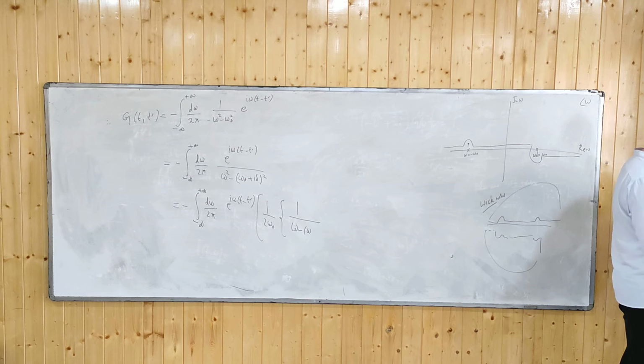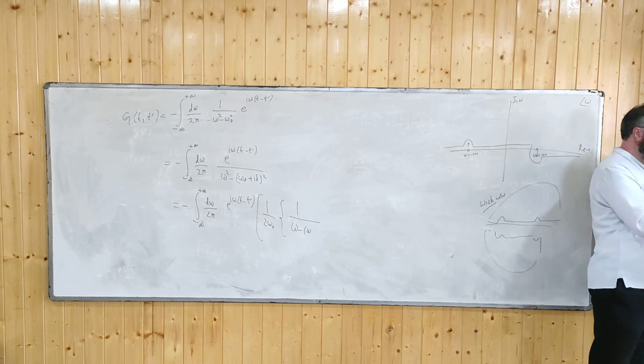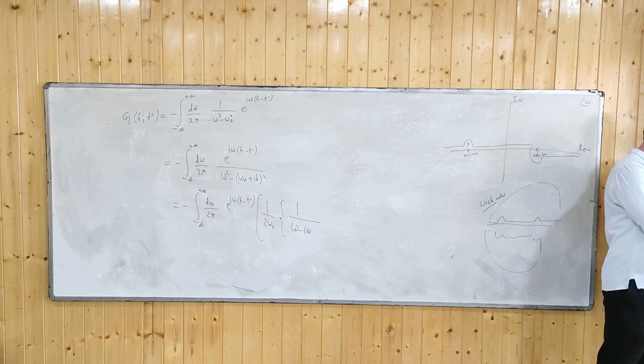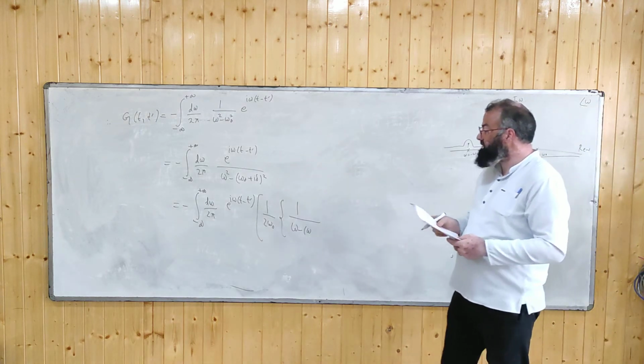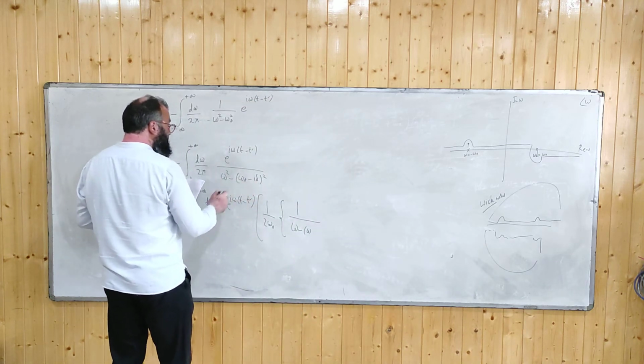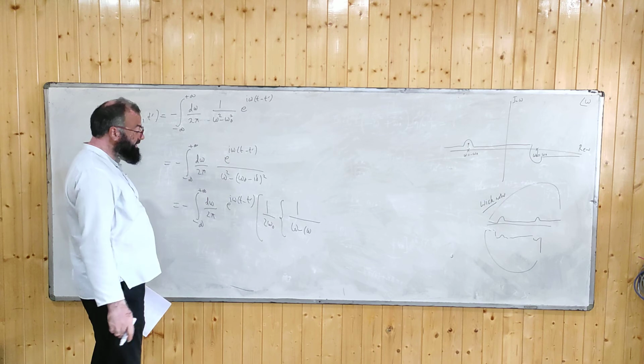What are the partial fractions here? Have I done anything wrong? I think I should write a minus sign here instead of a plus sign. So it's a minus sign.